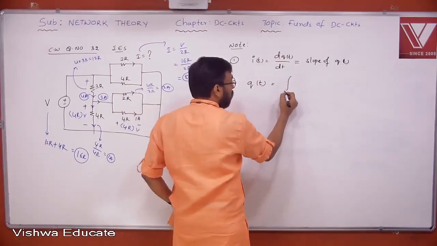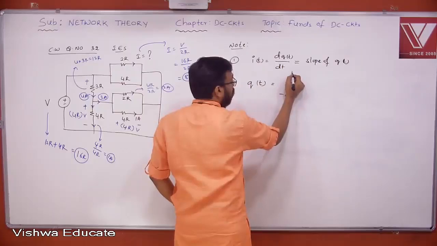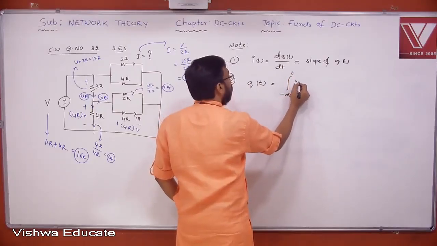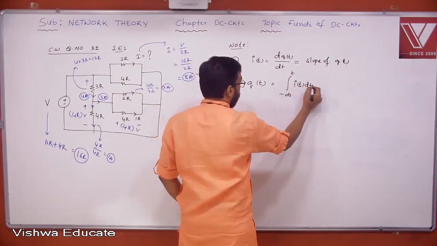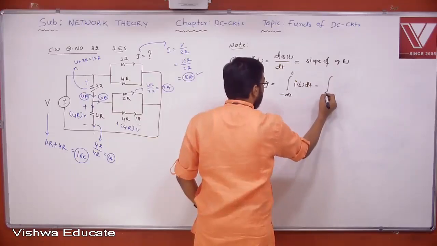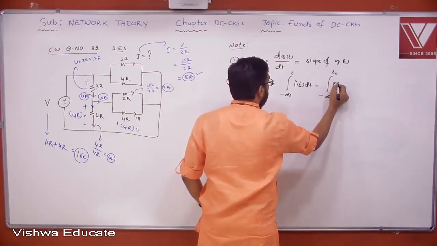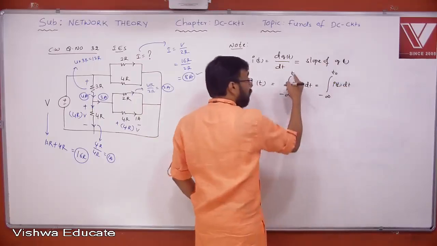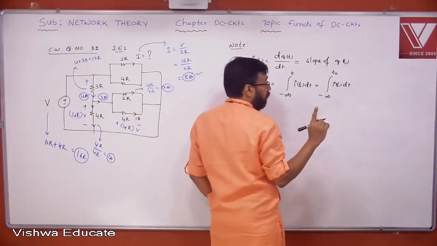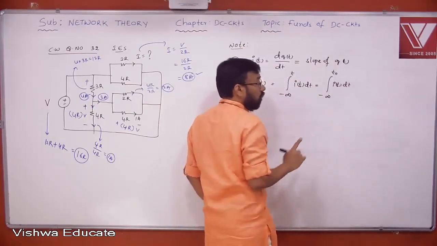What is that? Minus infinity to t, I of t dt. We can write that as minus infinity to t naught, I of t dt. You must always remember the limits must be kept here. Without limits, it is not going to make any sense.